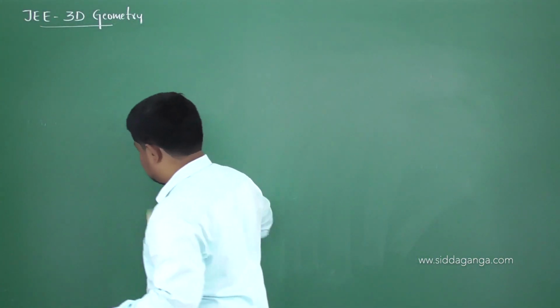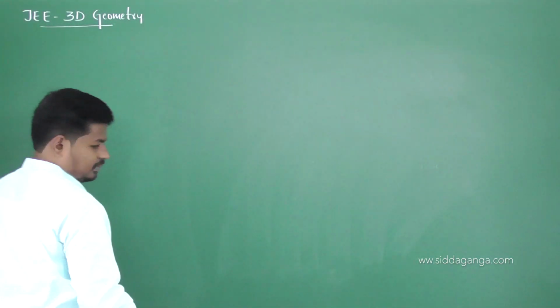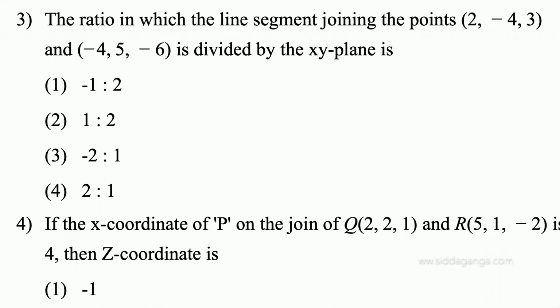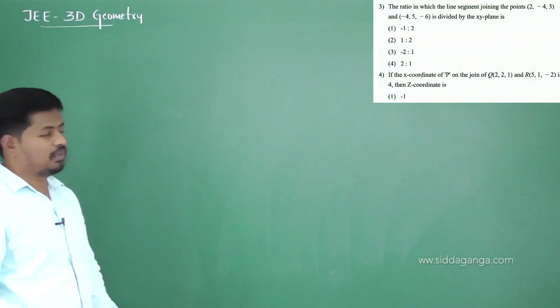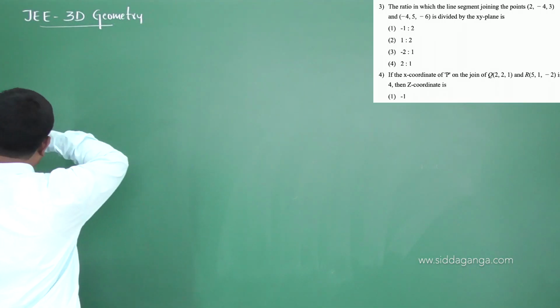Okay, let us move to the third question. That is, the ratio in which the line segment joining the points (2, minus 4, 3) and (minus 4, 5, minus 6) is divided by the xy plane. Students, we are familiar with the results, I hope you discussed them in the first few levels.